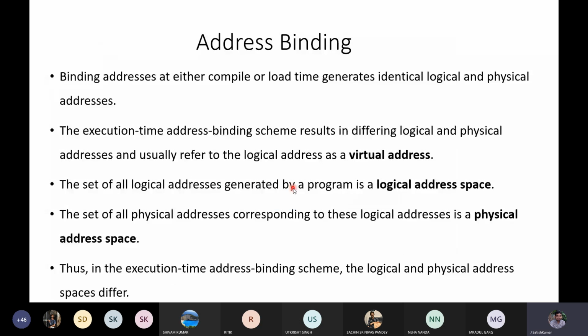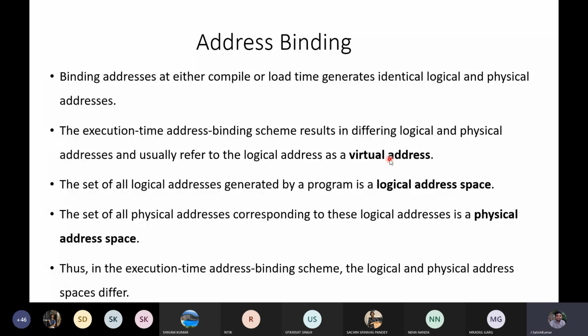Now, in address binding, binding addresses at either compile time or load time generates identical logical and physical addresses. The execution-time address binding scheme results in differing logical and physical addresses. Logical addresses are also called virtual addresses.